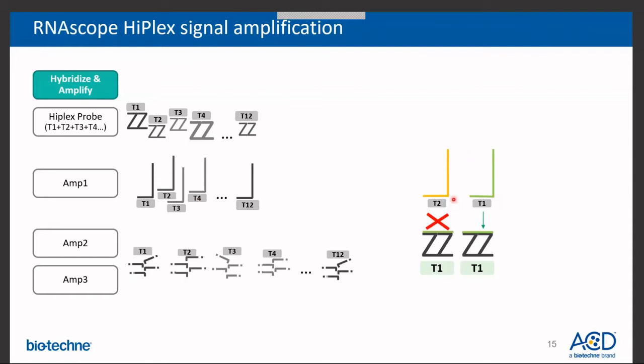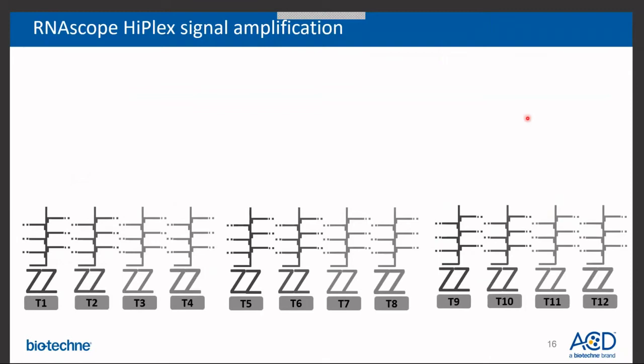T2 preamplifiers won't be able to hybridize to T1 probes. And likewise, the amplifier molecules themselves are also specific to particular preamplifier molecules, wherein a T1 amplifier, the branch of this tree, will be able to bind to the preamplifier molecule that's T1 that's bound to the T1 probe, but a T2 amplifier will not. It will go and find its appropriate preamplifier molecule. So this allows us to mix all 12 probes together and build all 12 amplification trees without crosstalk very efficiently all together. So at this point, you're about 7 or 8 hours into your day.